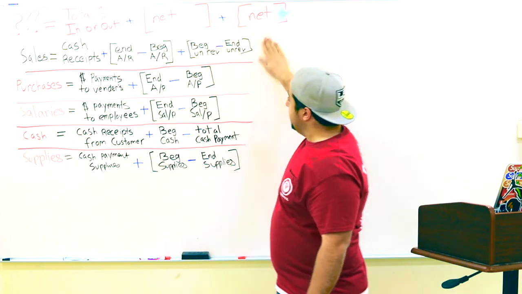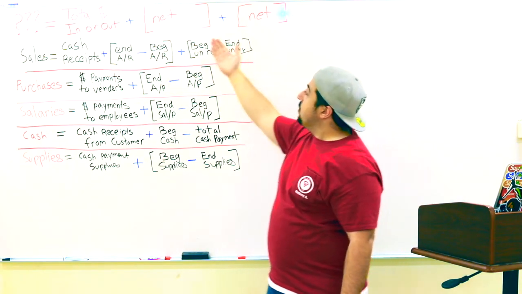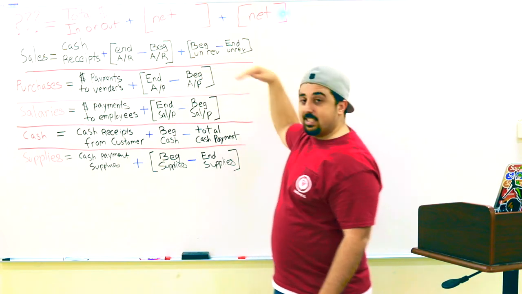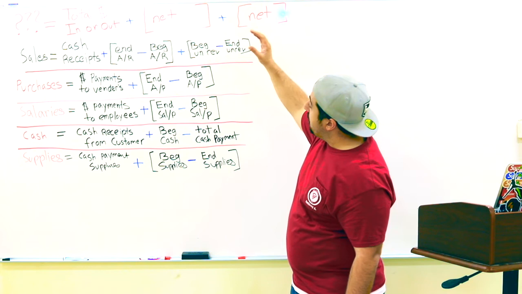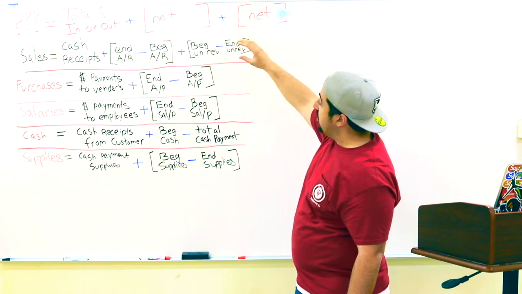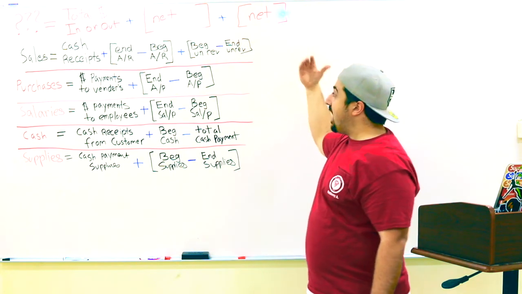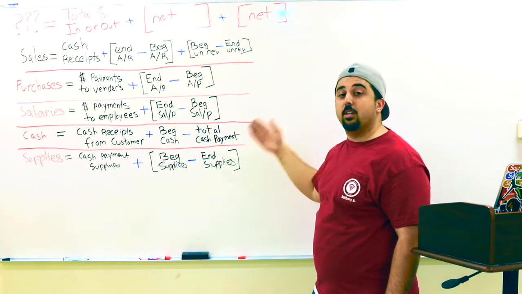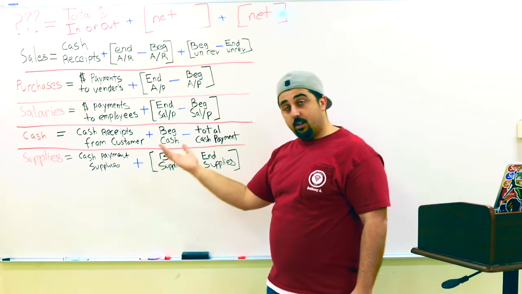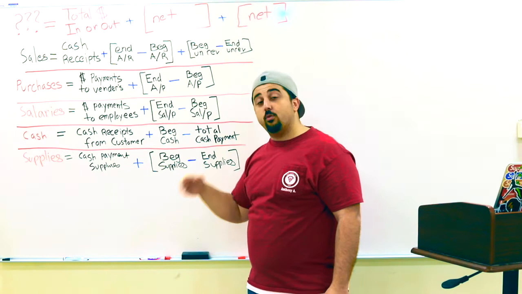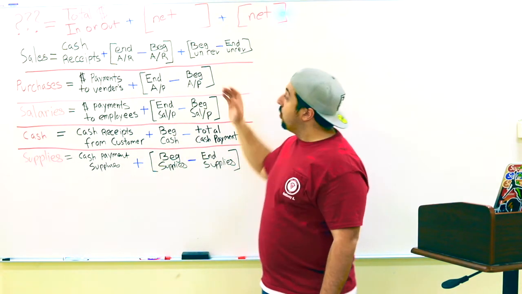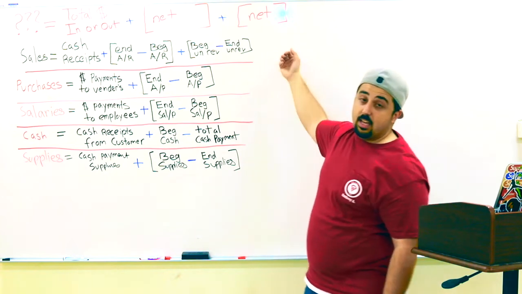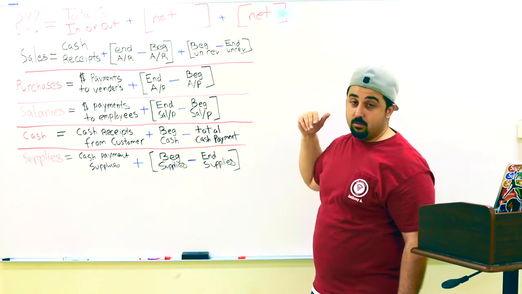Oh, but over here, your net becomes beginning minus ending, because your beginning unearned revenue minus your ending shows how much of your unearned revenue that you have finally fulfilled an obligation for, that more of it is being recognized as revenue.